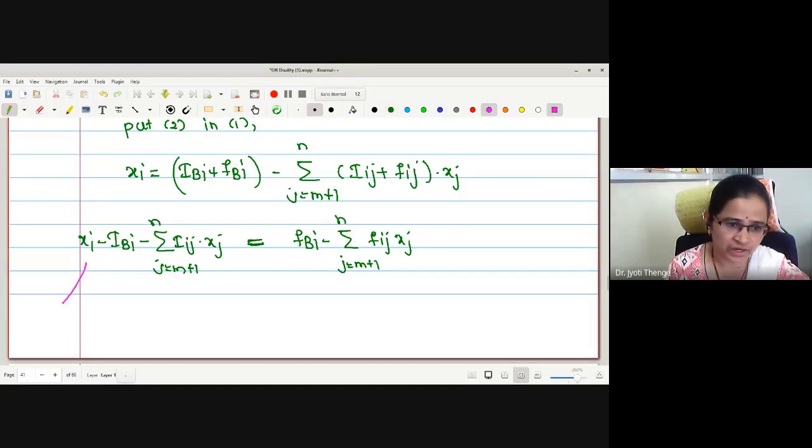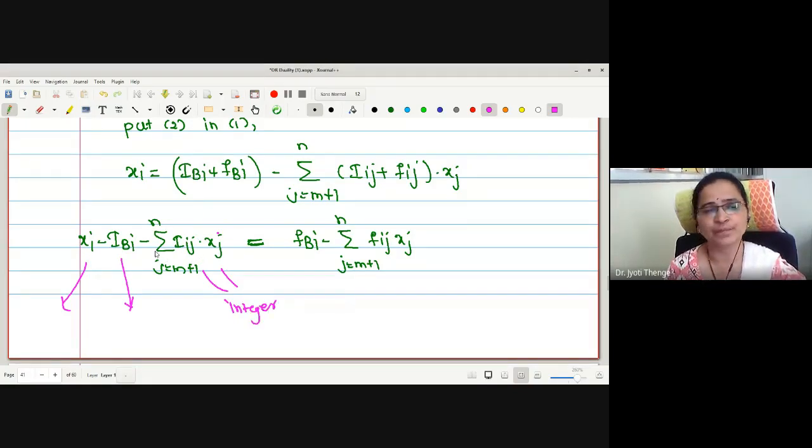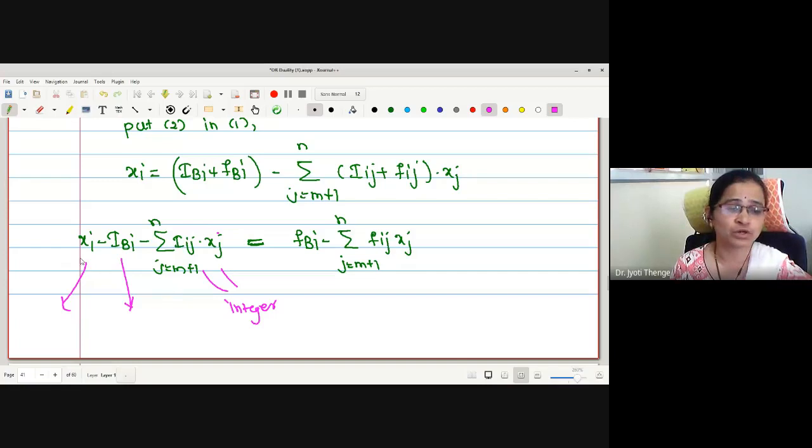We want xi integer valued. Ibi is already an integer. Multiplying integers gives an integer, and with sums and subtractions, everything remains an integer value. Therefore, this right-hand side must be an integer value.